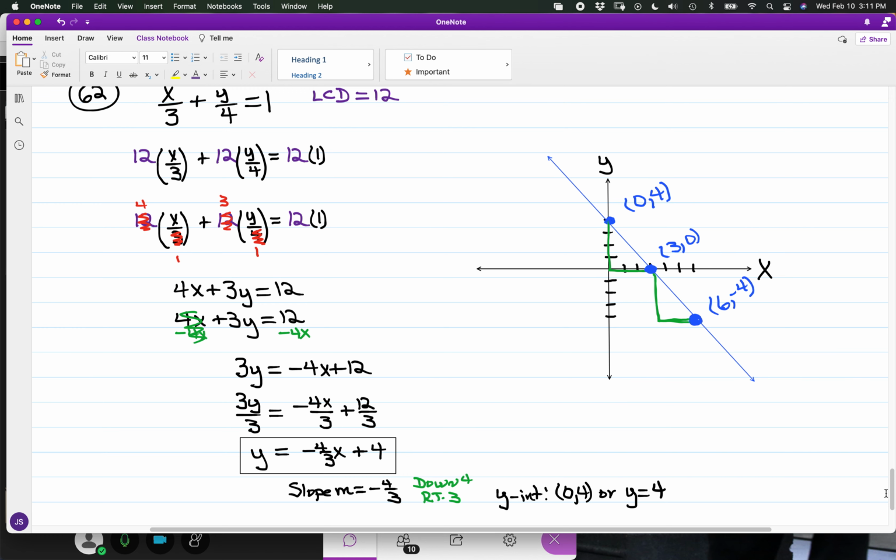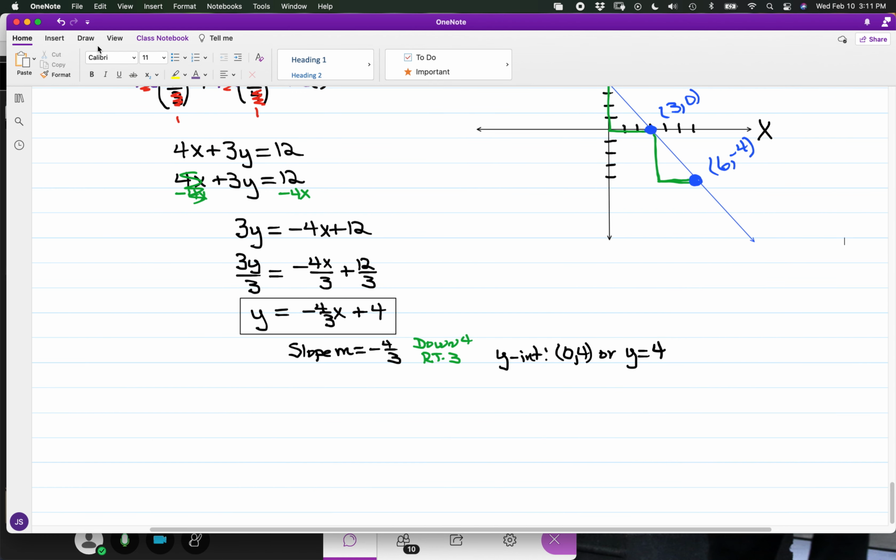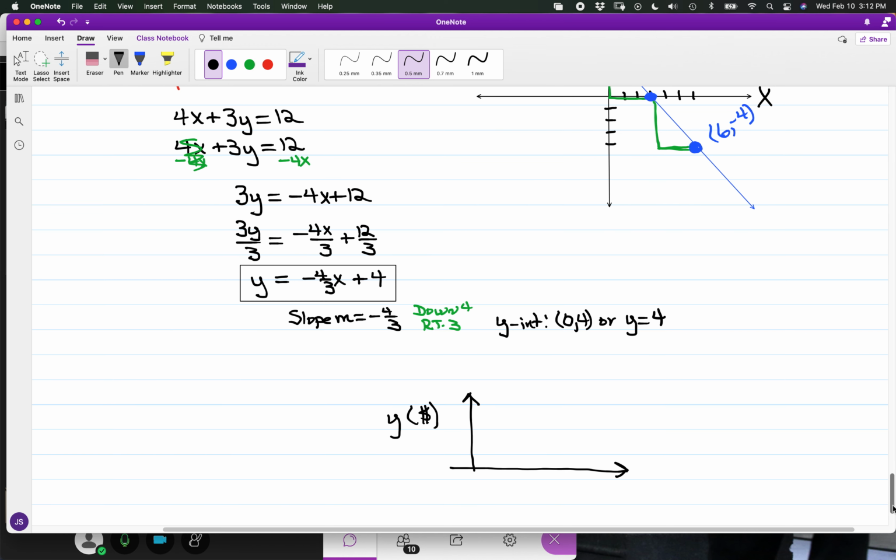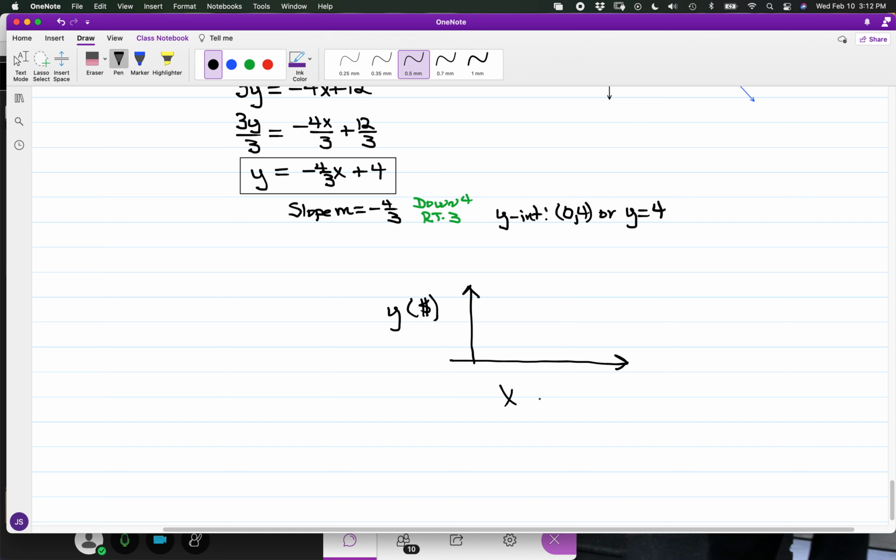Think of it like this: think of your y as the change in value of a commodity. So you have x being time. You can have January, February, March, April, May, June, and you might have the value of a commodity.